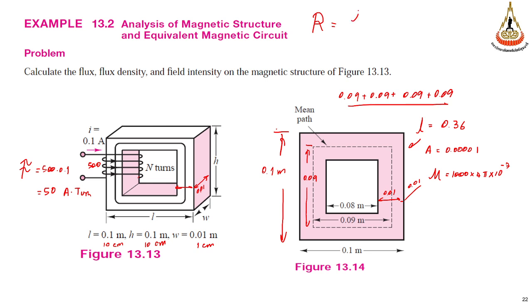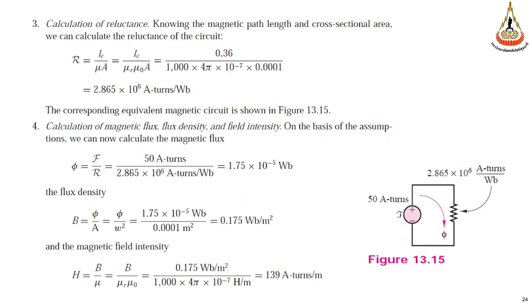R is L divided by mu A, so this would be 0.36 divided by 0.0001 times 1000 times 4 pi times 10 to the power minus 7. Then we get 2.865 multiplied by 10 to the power 6 ampere turn per Weber. This is the reluctance here.